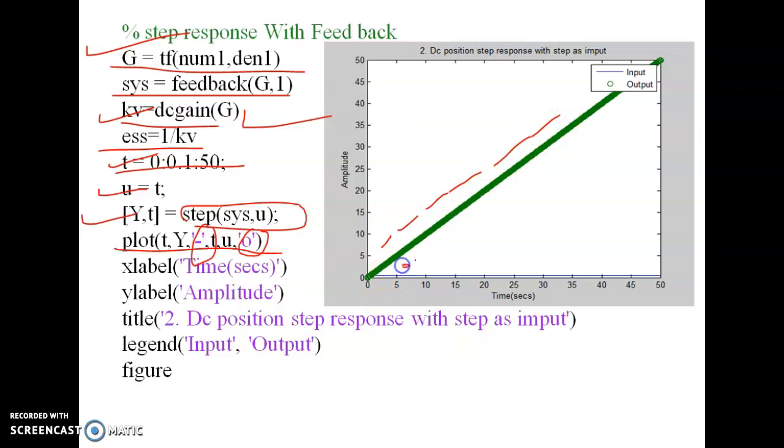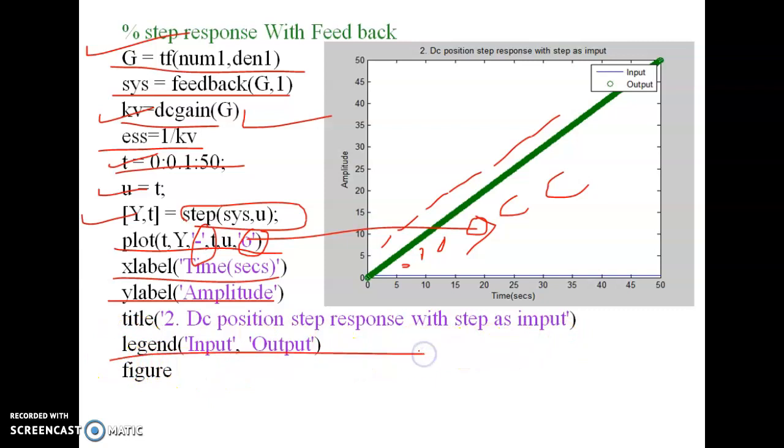If we need the graph having zeros or bubbles, we can use this. Okay. Then xlabel time in seconds, ylabel amplitude. Then title: DC position step response of second order system. Then the legend for input and output. This command is not mandatory while writing a MATLAB program.